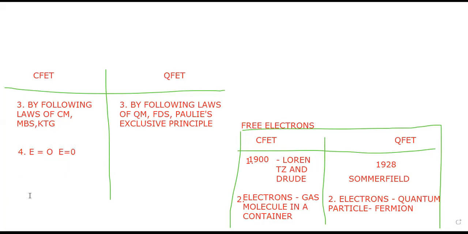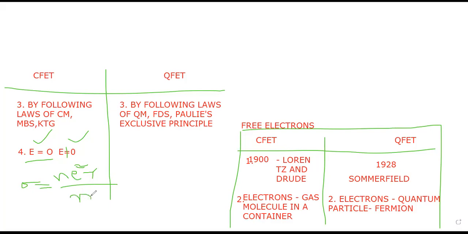So we study the behavior of free electrons in the metal in the absence, E equal to 0, and in the presence of an external electric field. Finally we derive the conductivity expression, sigma is equal to n e square tau by m, where tau is the relaxation time and m is the mass of the electron.